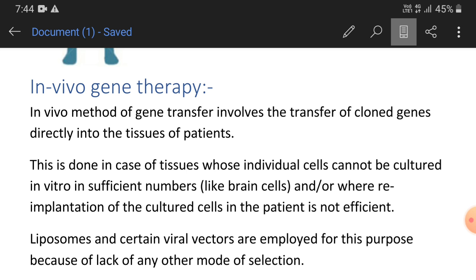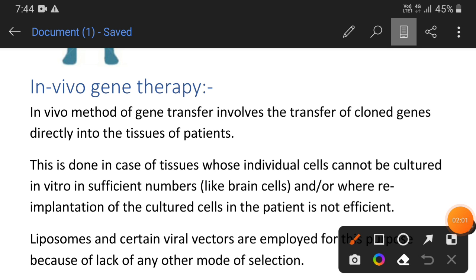We use ex vivo gene therapy only for those kinds of tissues, for example hematopoietic cells and skin cells, right? But gene therapy is also important for various tissues present in very delicate parts of our body, from where isolation of cells is not possible.